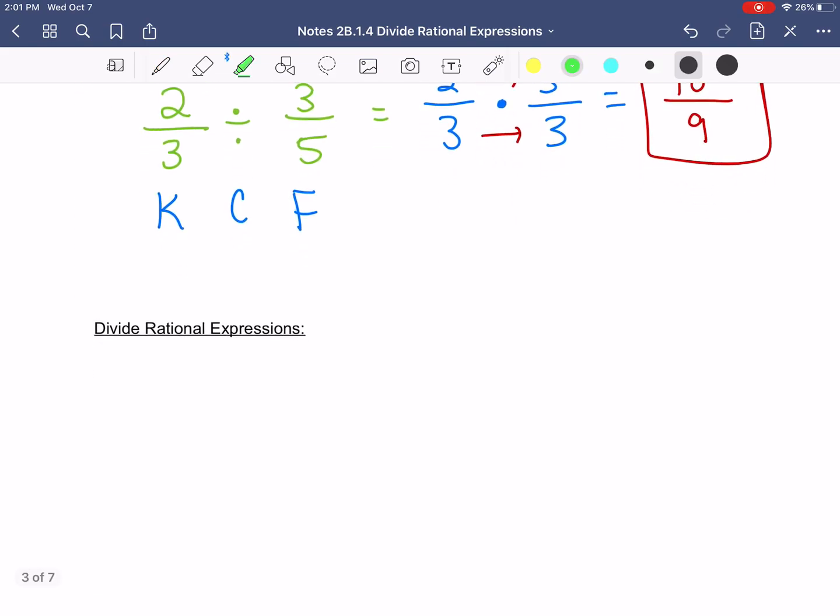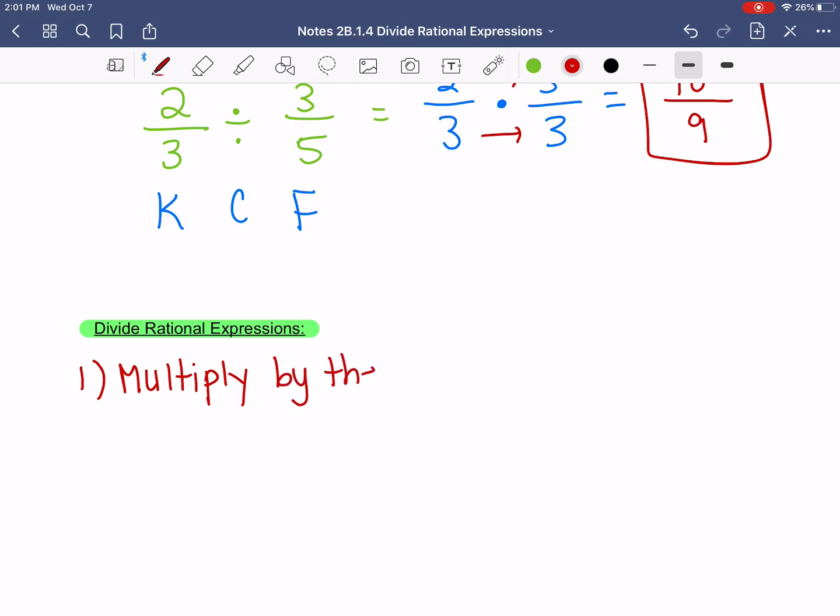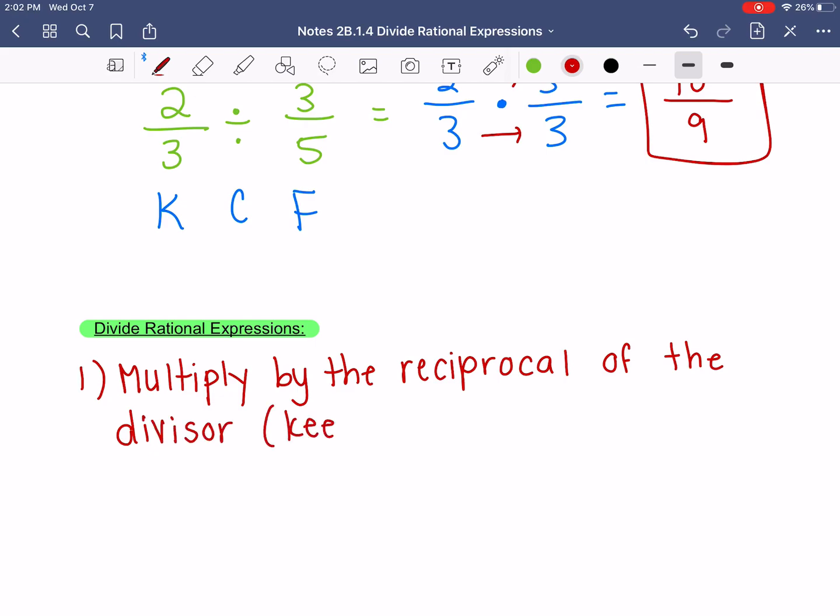Okay, so that was what we're going to write down, is how to divide rational expressions. What you're going to do is you're going to multiply by the reciprocal of the divisor. Some of you may remember this as keep, change, flip.